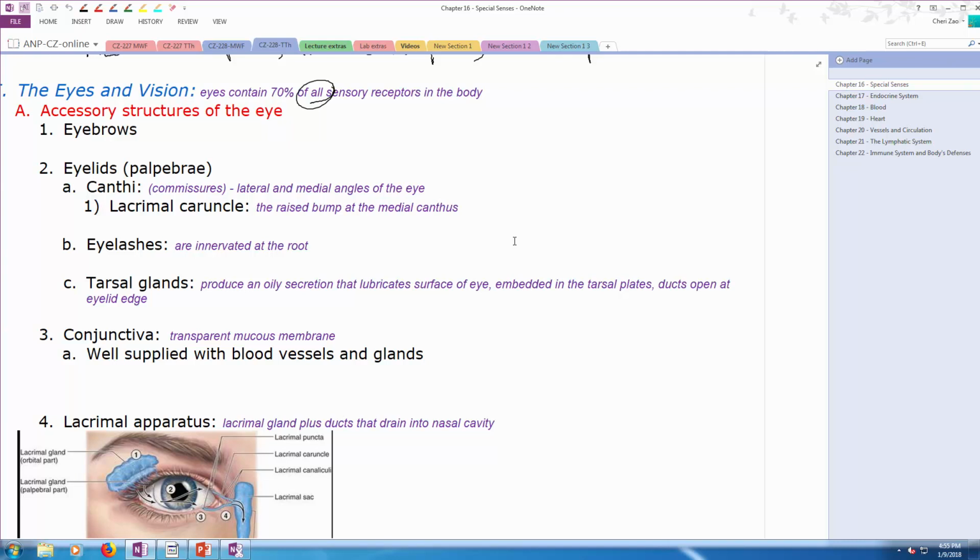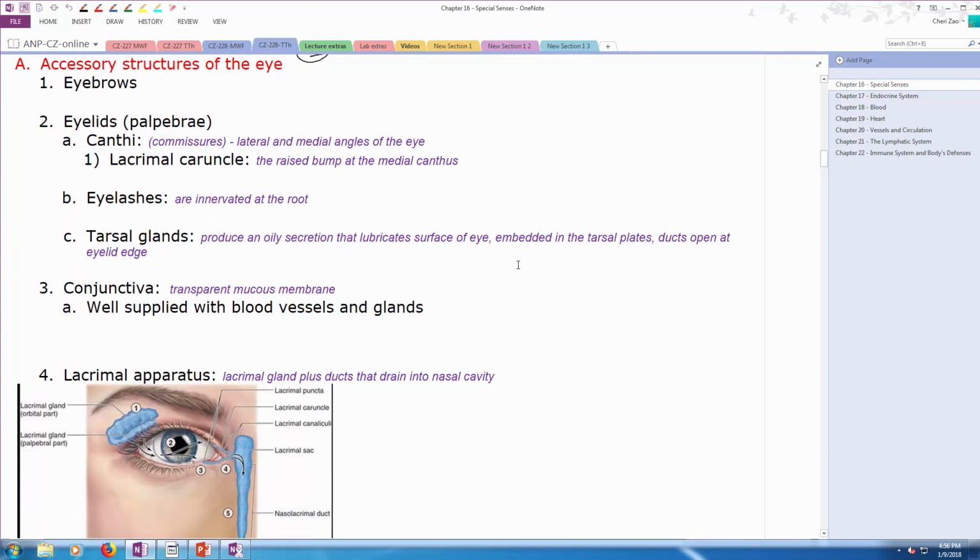The eye is an interesting structure. It has accoutrements. It has a wardrobe, in other words. And so we call that wardrobe the accessory structures of the eye. And we have eyebrows. And sometimes you wonder why we have eyebrows. And the simplest explanation is it helps to prevent sweat from entering our eye.